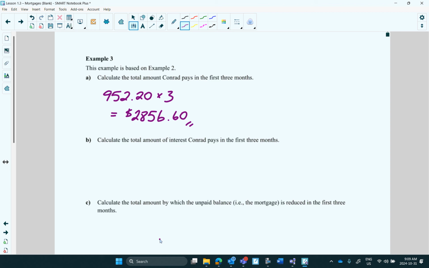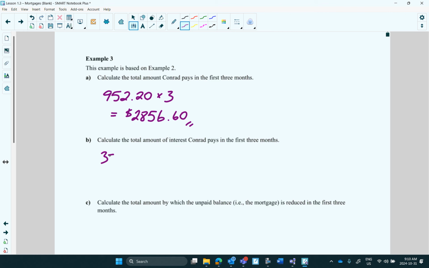And remember, of that 2856, part of it is the interest, which we calculated. Part of it is paying back the loan, the principal amount, which we calculated. Calculate the total amount of interest he pays. Well, just go to the interest column, right? So read the three amounts on the interest column.